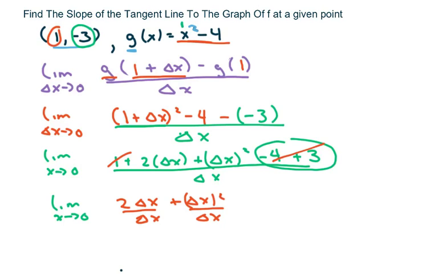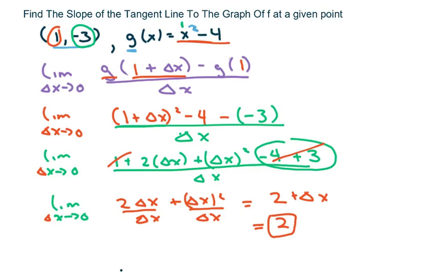So we have delta x here. Okay, and then this is going to leave you 2 plus delta x. And then when you plug in 0, what we're going to get is 2. So the slope of the tangent line to the graph at the given point on this one is 2.